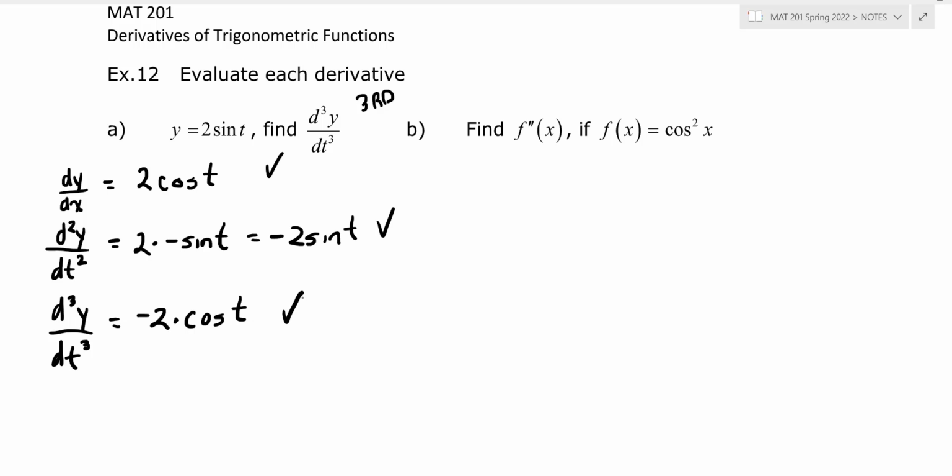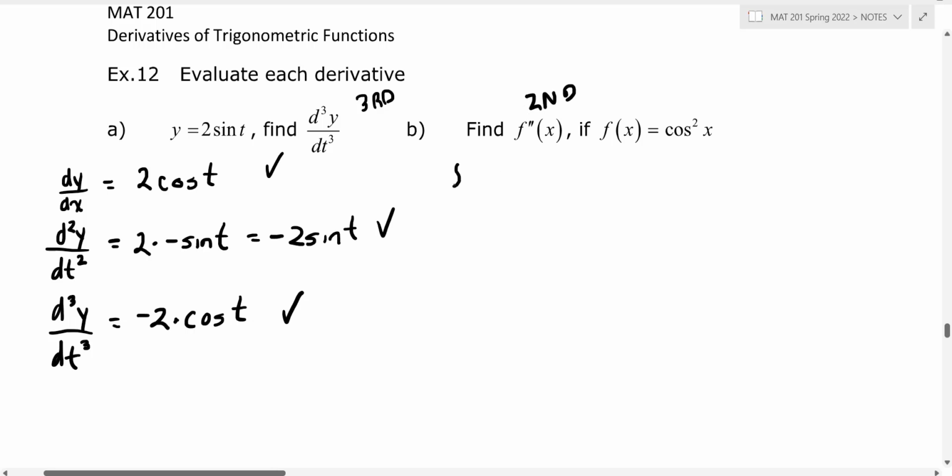It's just going to alternate back and forth between cosine and sine, and you'll have some negatives appearing too. You could go beyond that, but that's a third derivative. You probably won't be asked to do anything beyond a third derivative, maybe higher order derivatives on easier things in the future, like e to the x, or sines and cosines, which are pretty easy to do. So we're going to do a second derivative on this one.